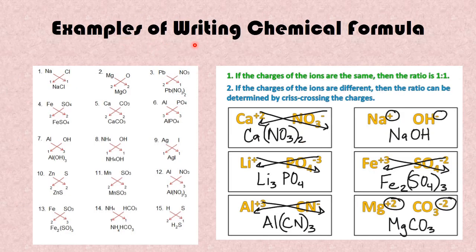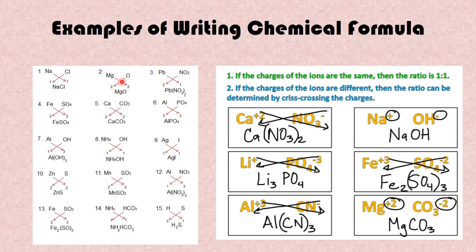Now moving along, we have examples of various chemical formulas of ionic compounds that you have right here. So you have sodium chloride, where sodium has 1 charge, and chloride has 1 charge. Putting them together, normally we are supposed to write Na1 Cl1, but because they have the same number of valencies, we don't write it right here.